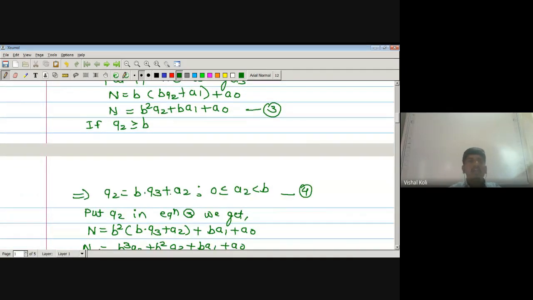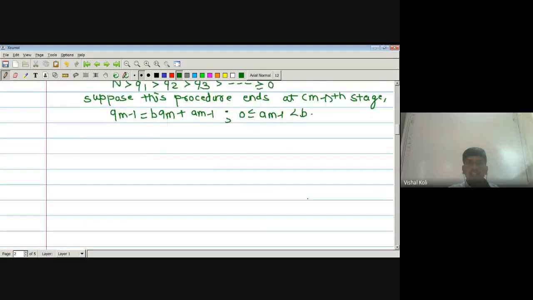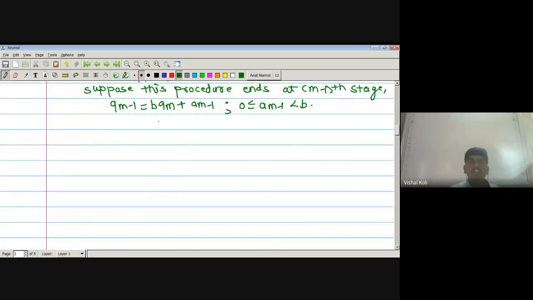Therefore the m-1th step is nothing but q m-1 equal to b into qm plus a m-1, where 0 is less than or equal to a m-1, which is less than b. As the procedure stops at this step, obviously this qm is less than b.